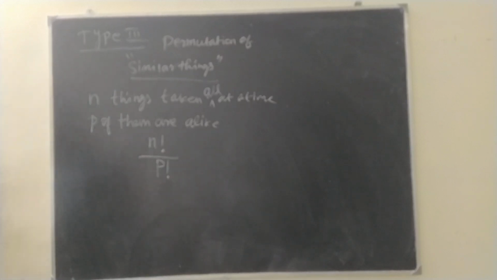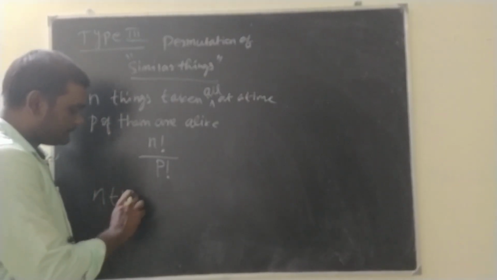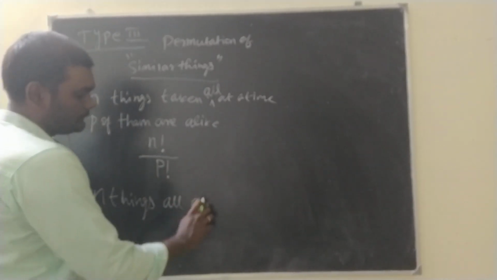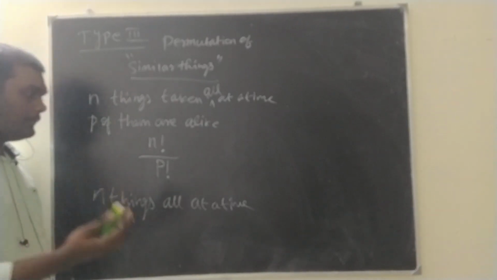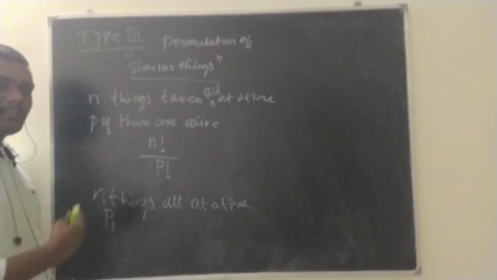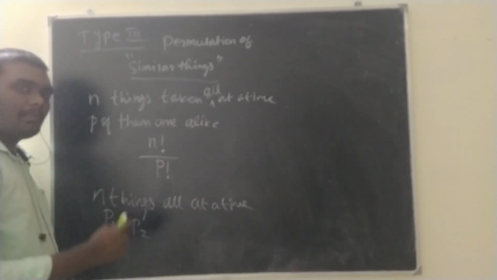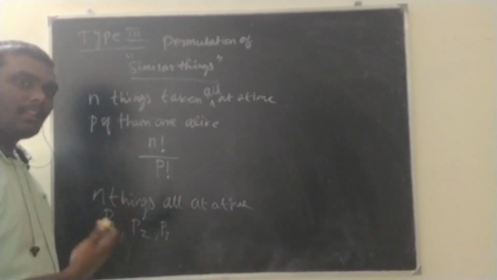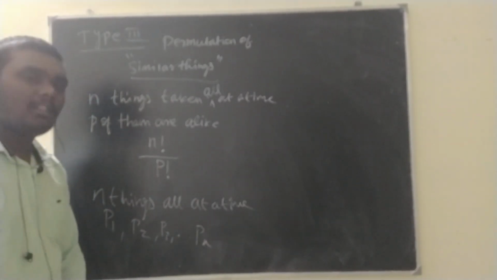Suppose more than one kind of thing is repeating. We have given n things taken all at a time. In that, P1 things are alike of the first kind, P2 things are alike of the second kind, and P3 things are alike of the third kind, and likewise.